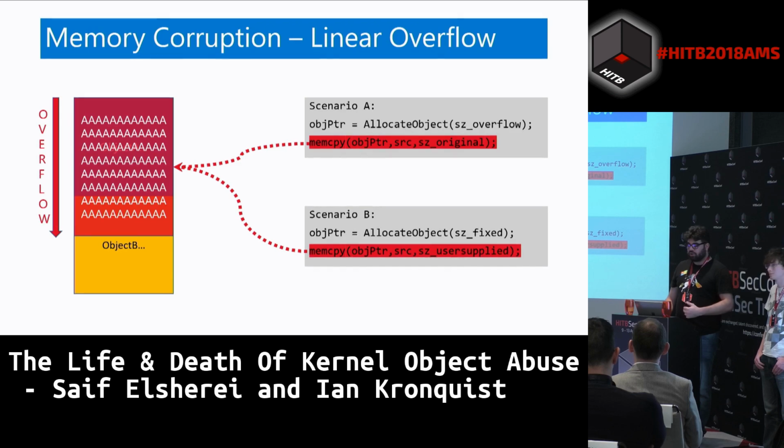In the second scenario, if the data copying function uses a user-supplied size without checking that it is larger than the fixed size of the object, it will result in a linear overflow. And the reason it's called linear is because you overwrite adjacent parts of memory.